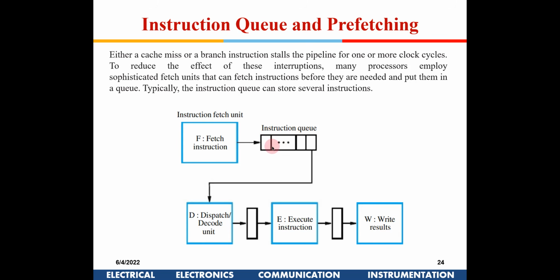So you have a set of instruction queue registers. It could be 6, 8, 10 depending on your requirement, where the instructions are prefetched and placed in the queue, so that if there is some extra time required, that can be catered for. This is known as instruction queue.